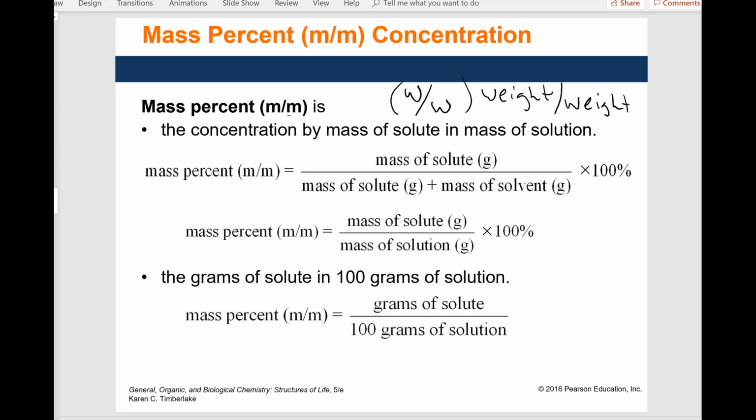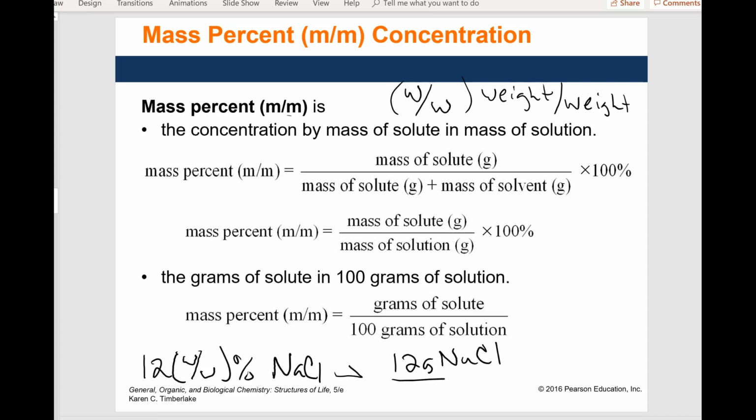So if I have, for example, a solution that is 12 weight percent sodium chloride, what that really means is that there are 12 grams of sodium chloride per 100 grams of my solution.